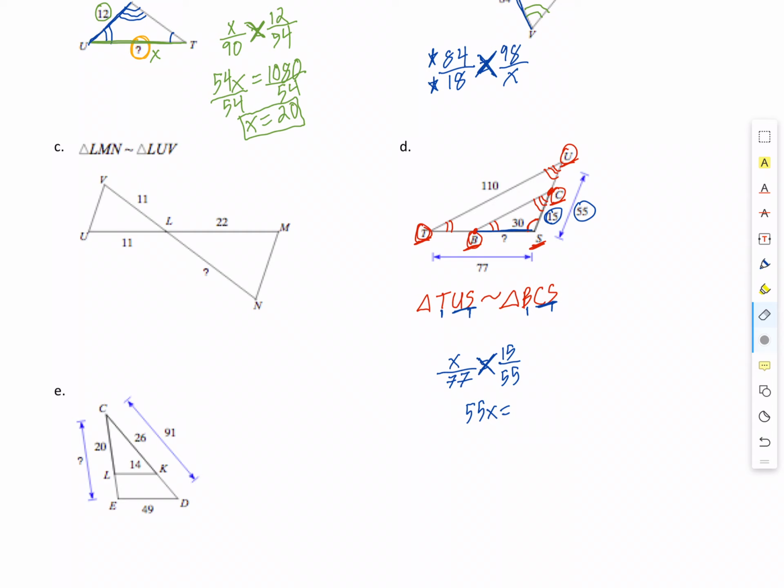Okay, so that would actually be 1,155. We divide by 55 here. Let's see what that gets us. So we would get x is equal to 21.